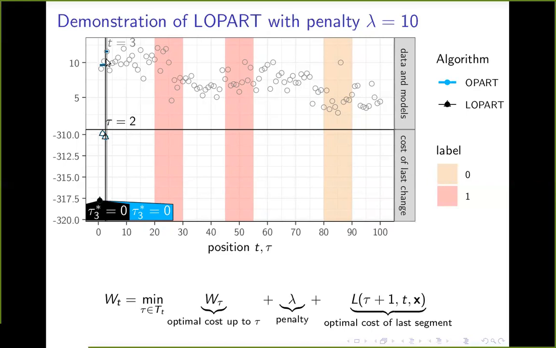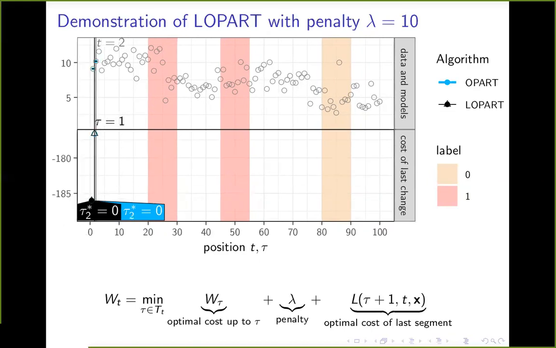And here you can already see the recursion coming into play. Remember when we computed the optimal cost up to t equals 2, we compared these two options, did this optimization, and saw that actually this model is better. So we already know that up to data point 2, this is the best possible model.